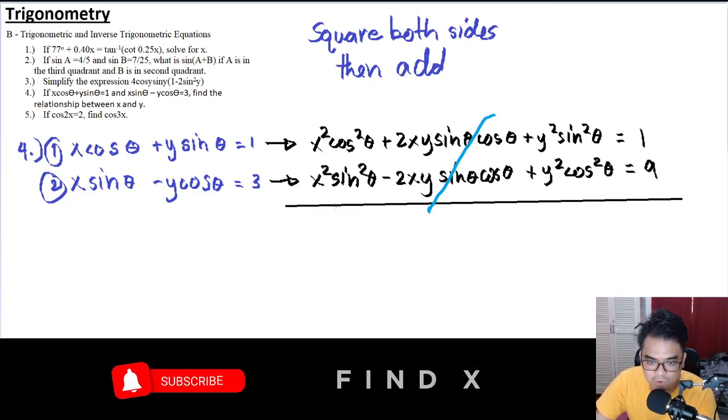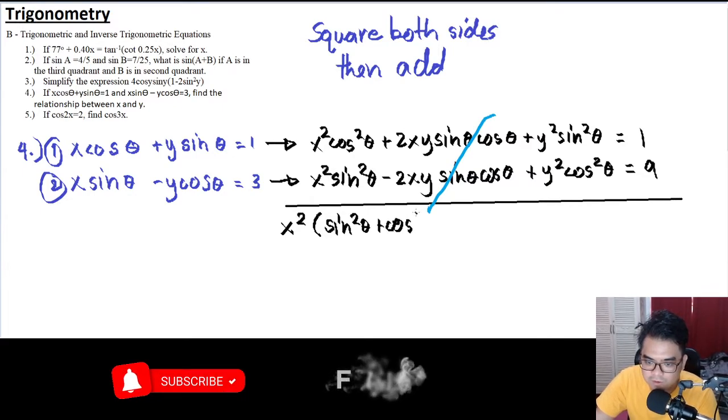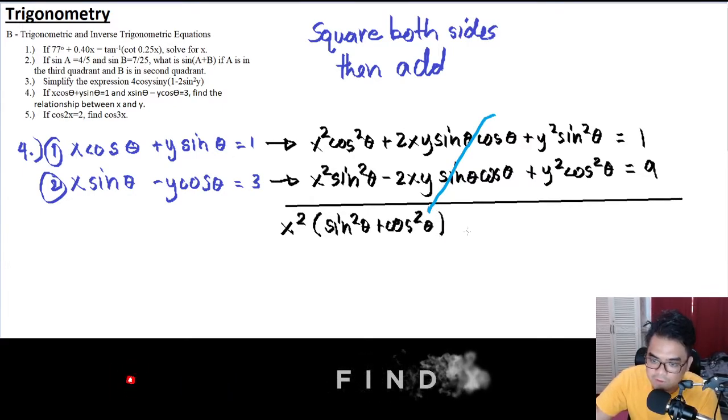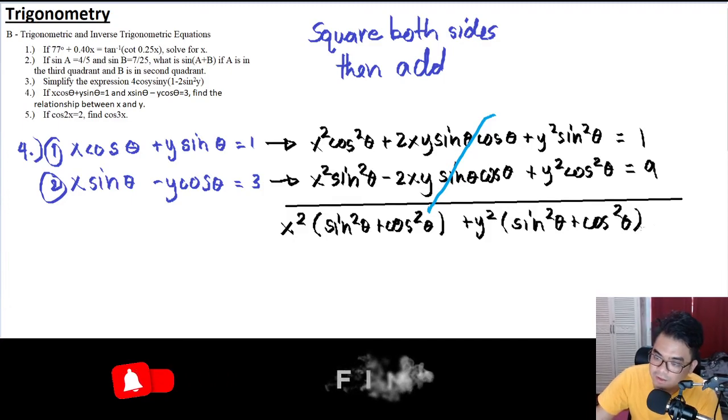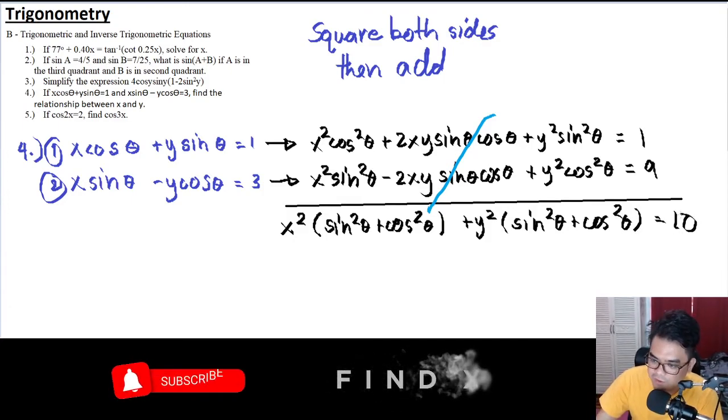You can see they have a common factor, so I'll be factoring that out. It will become x squared, factor out that, you'll have sine squared theta plus cosine squared theta, right? And then plus y squared, and you'll be left with sine squared theta plus cosine squared theta again. And then 1 plus 9 is simply equal to 10.